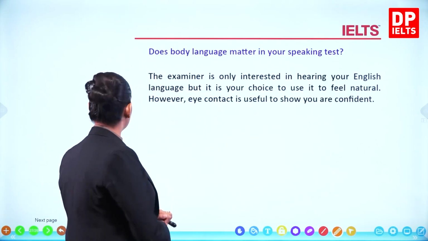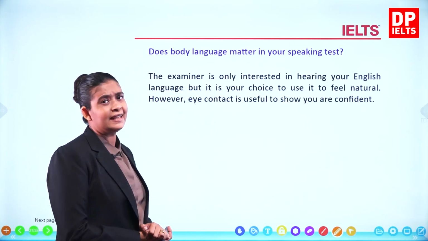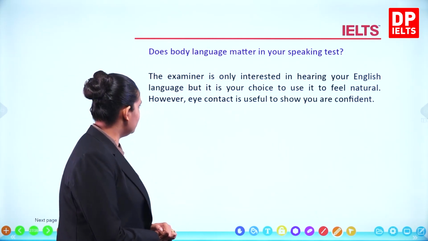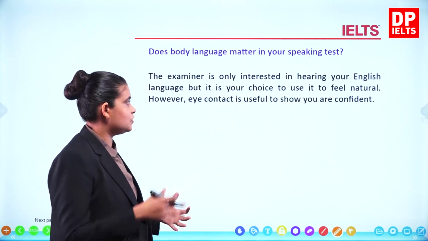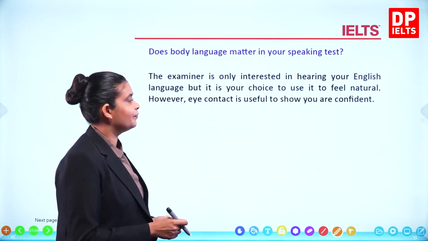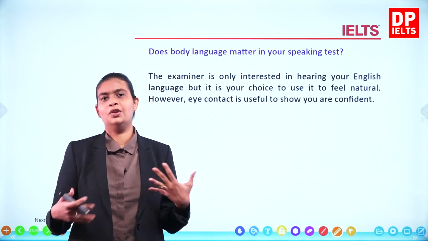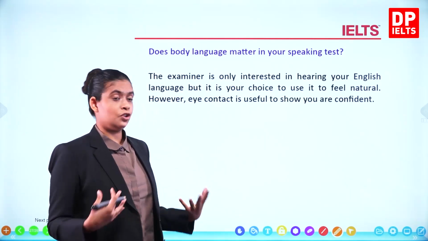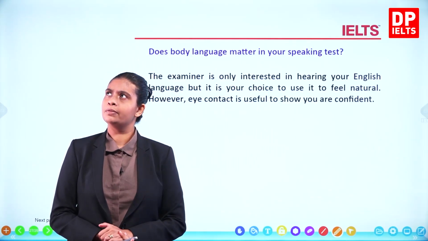Then the next one, does body language matter? It doesn't, because there's no marking criteria. The examiner is only interested in your language skills and hearing your language skills, right? However, eye contact is a nice body language. You feel that you're confident and you show that you're confident as well, without just going, well, I'm going to talk about this, I'm going to talk about that.